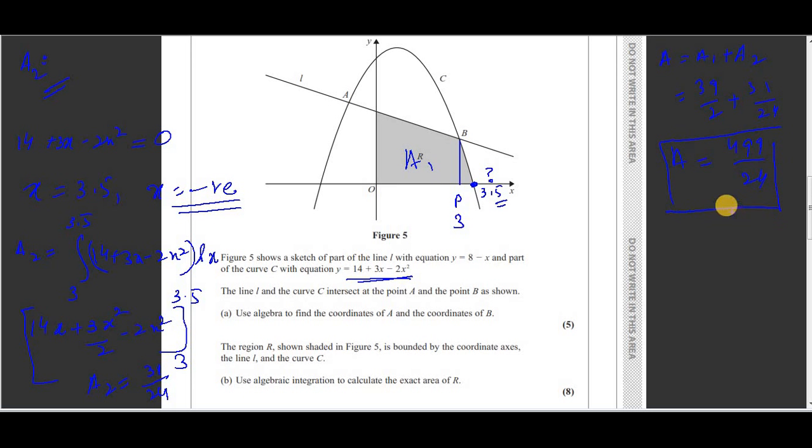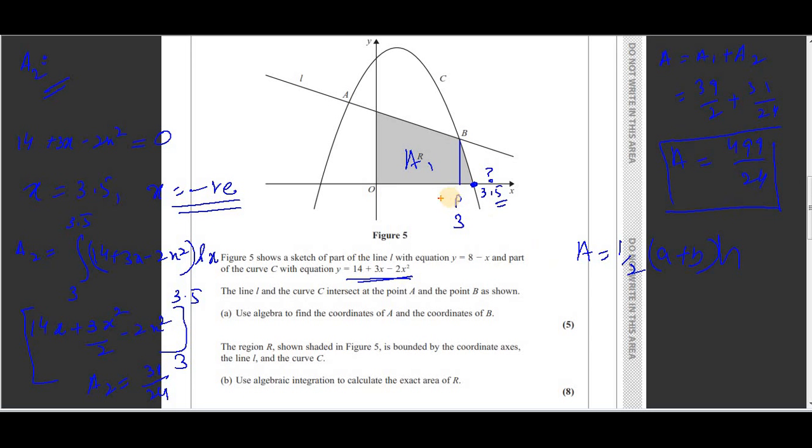I know this is a long method, but just for your trace I gave you the idea. If you use the trapezium rule, it will be quite easier than you think. Area of the trapezium is half of (A plus B) multiplied by H. A and B are the lengths of the parallel sides and H is the distance between these two sides.